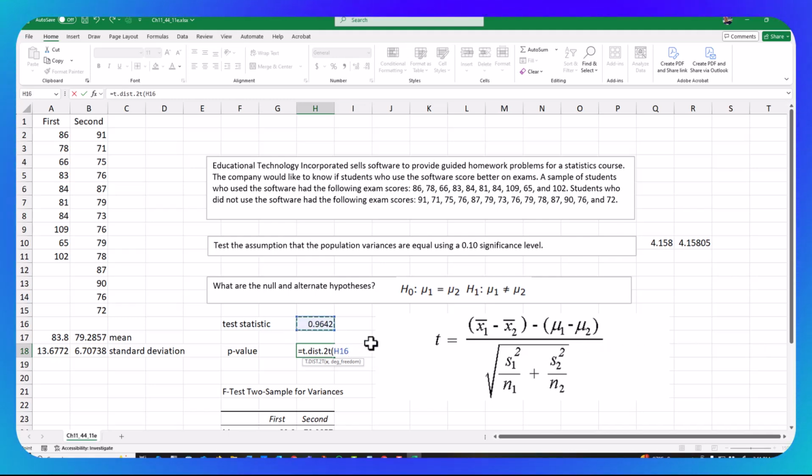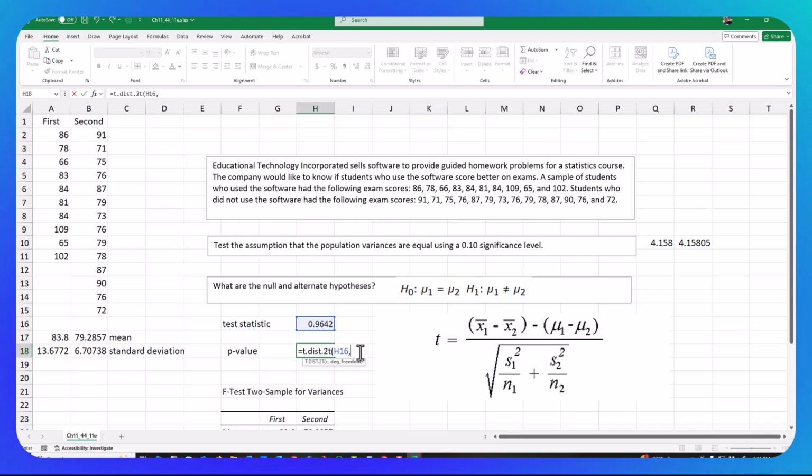Now they have a crazy formula that you can use to find the degrees of freedom, but a lot of times you just take the smaller, or even sometimes you'll see them add the two and divide. What I'm going to do is put in 13.